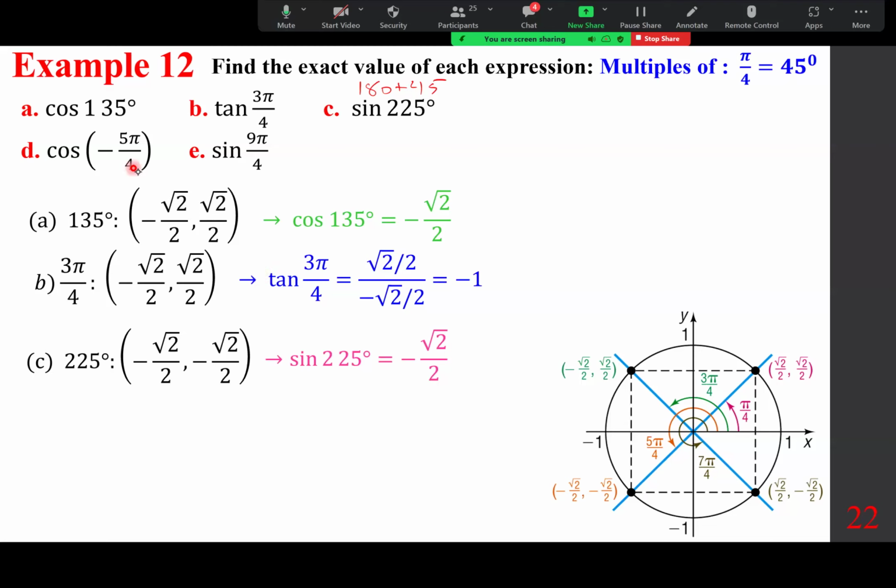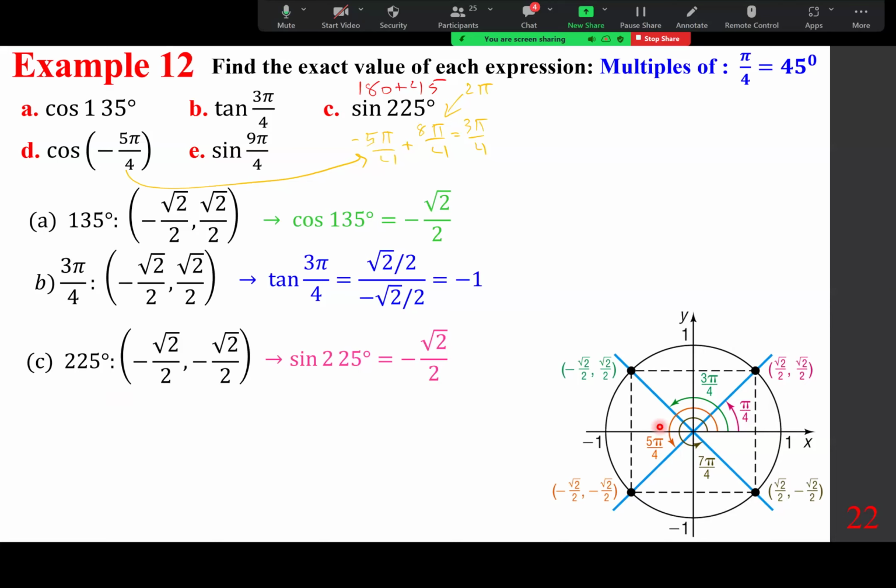Negative 5 pi over 4. That means start from here and go this way. And if it makes it difficult to understand, class, add 2 pi just for the sake of argument. So you see, negative 5 pi over 4 plus 2 pi makes it 3 pi over 4.